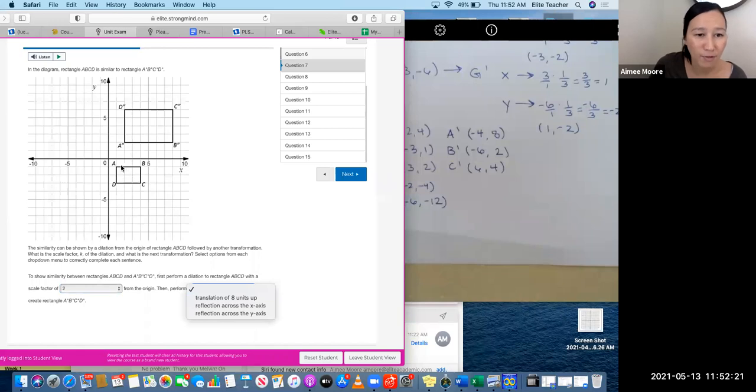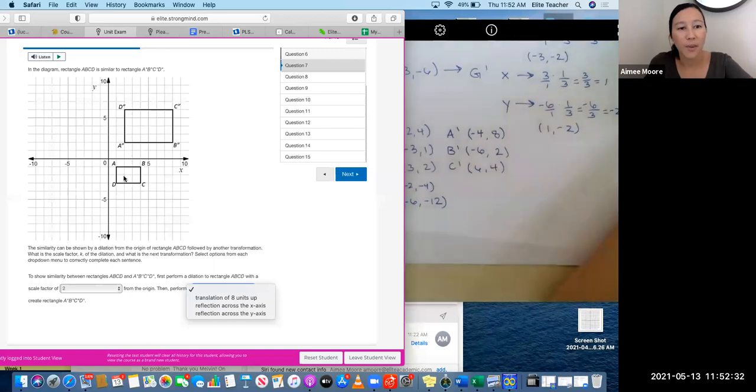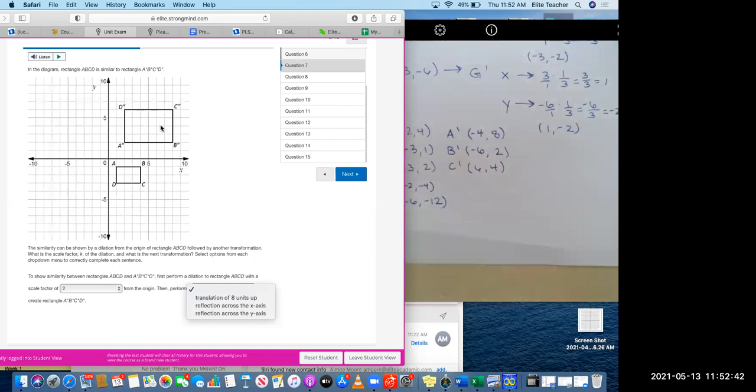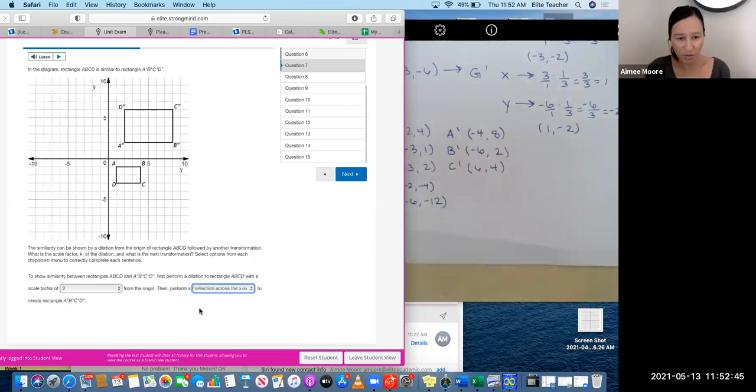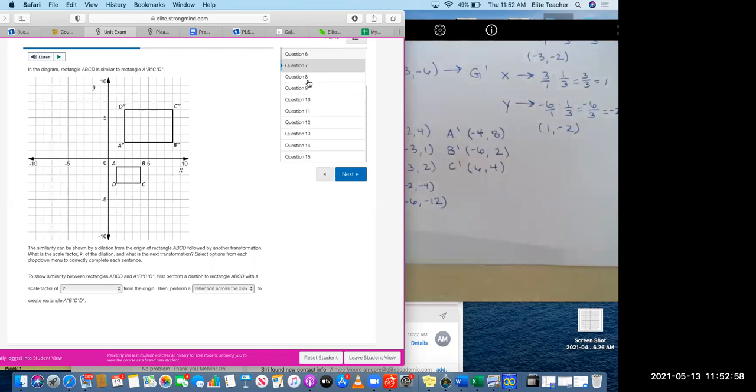If we multiply this point, this is 1, negative 1, by 2, then we're going to be at 2, negative 2. So A would be down here. So our rectangle is going to be right about here. What would we need to do to map that rectangle onto this rectangle? Reflect across the x-axis. Beautiful. Very good. Any questions why it's a reflection across the x-axis? Nope. Okay, very good.